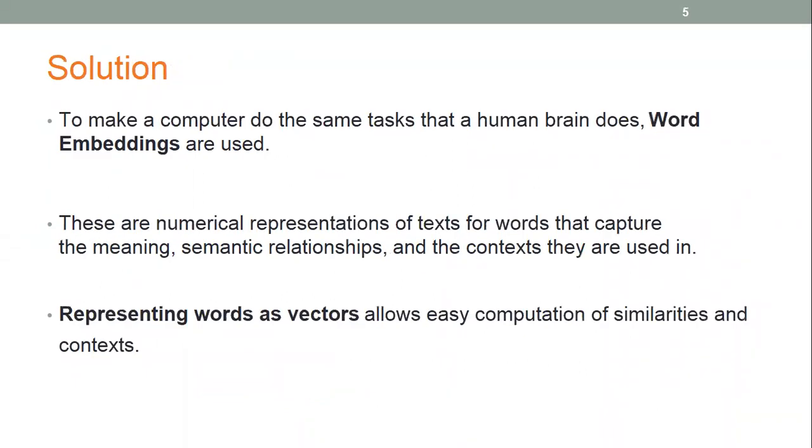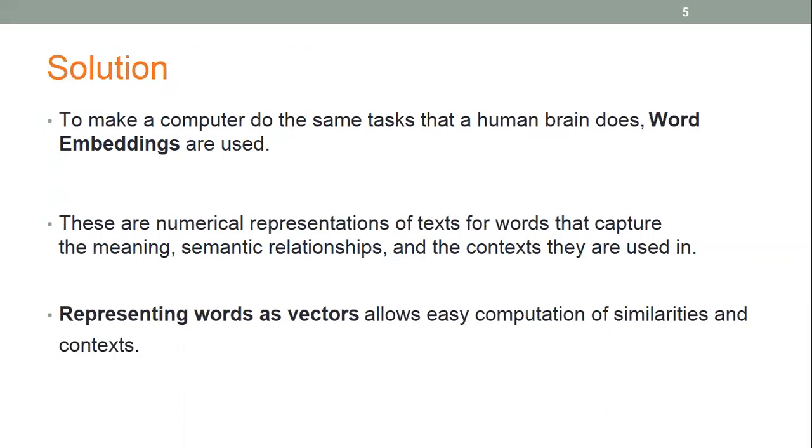The proposed solution is that some of these tasks can be made easy by creating a numerical representation of words. This representation is at a much higher level than ASCII representations. With this representation, what we are trying to achieve is that the meaning is captured in some way, and that meaning then becomes computable, as computer scientists would say.